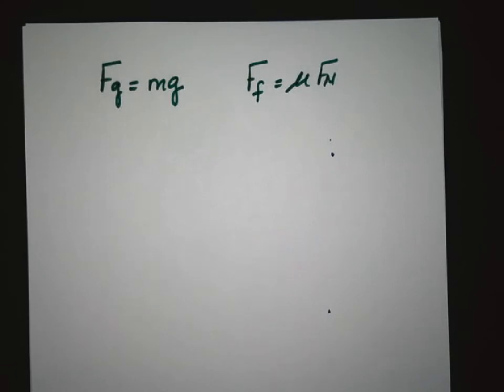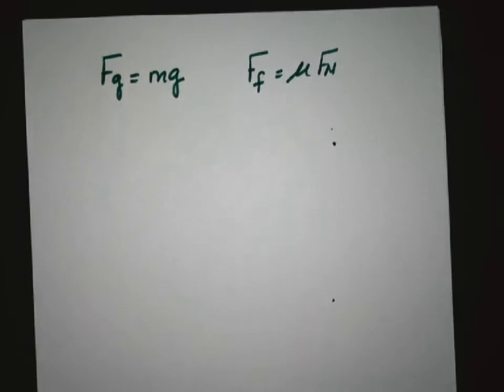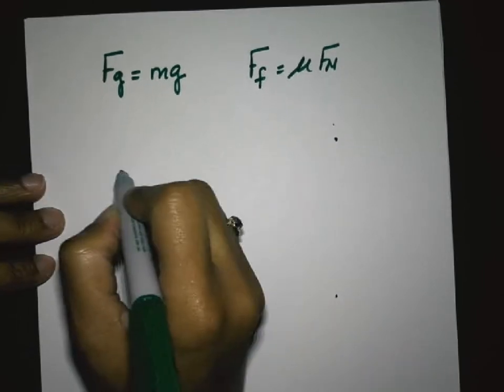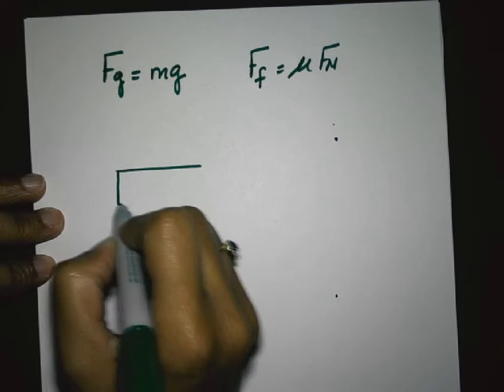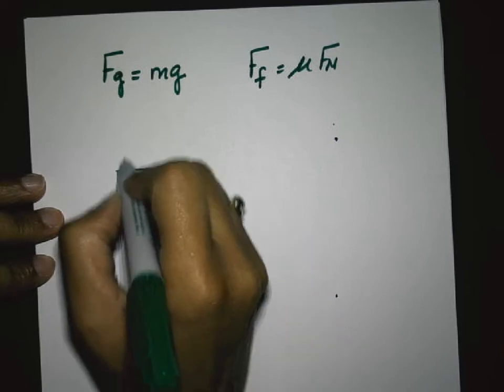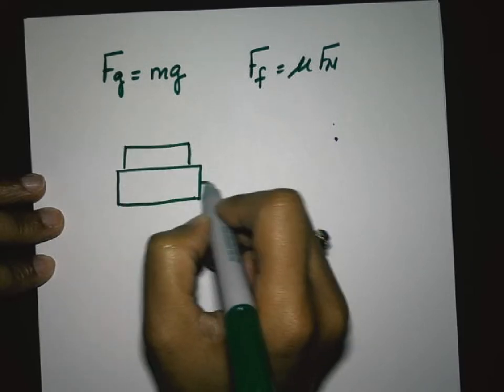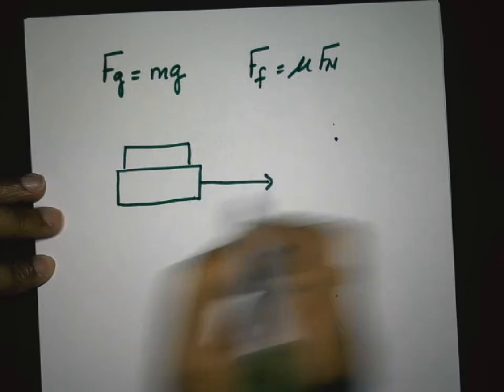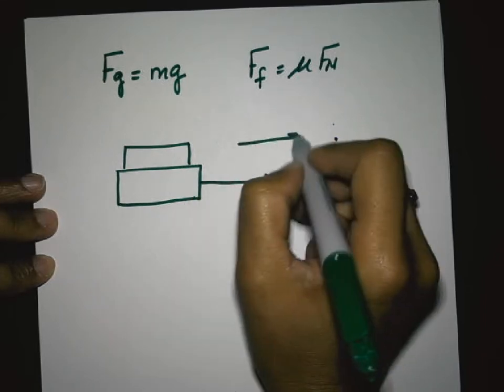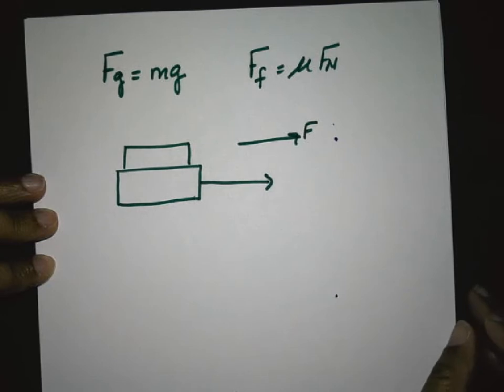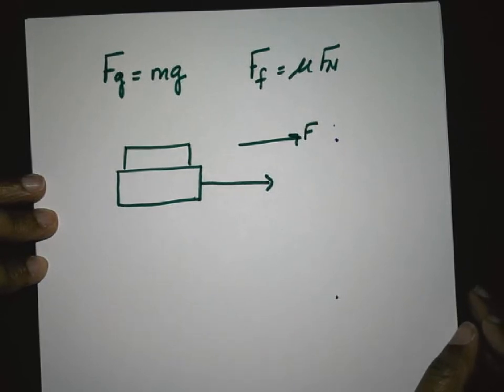So let me give you an idea. I did some samples this morning, and what I did was I had a block, and there were some masses on top, and I attached a string to the block, and then I pulled it to the right. I have what's called a spring, a force sensor.